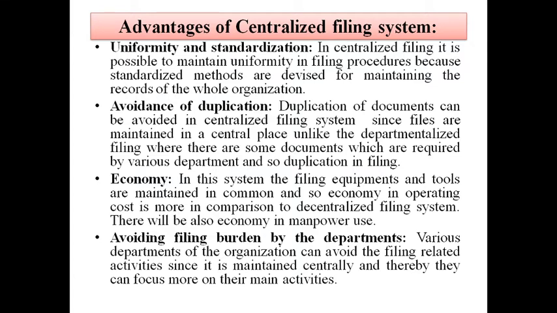For example, say the sales invoices that need to be maintained by the sales department of the organization, and at the same time copies of those documents need to be maintained by accounts and finance department also, because the tax matters come in the context and therefore they have to maintain these documents there also, and in that way the duplication may happen. But in case of centralized filing system, that situation can be avoided.